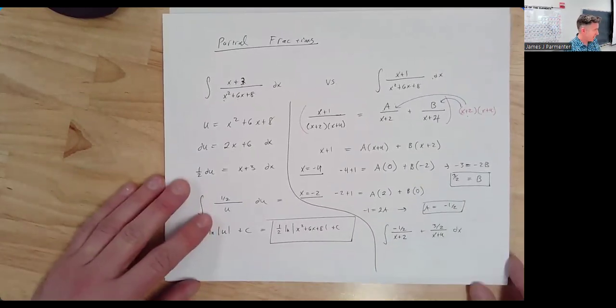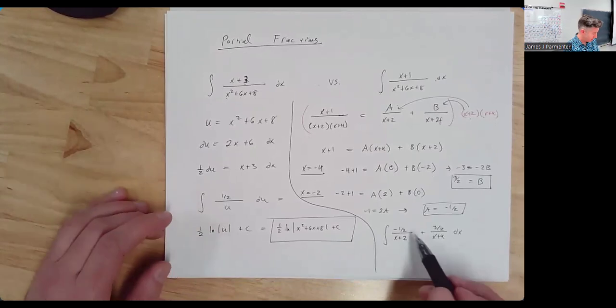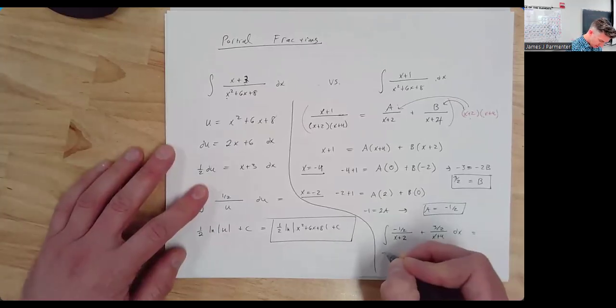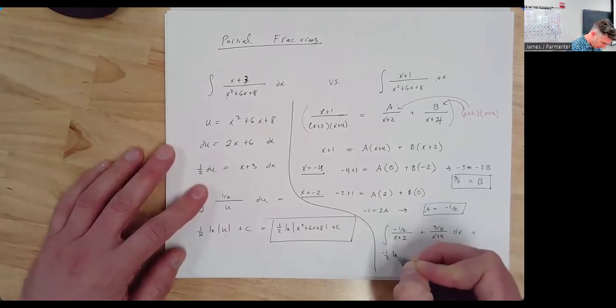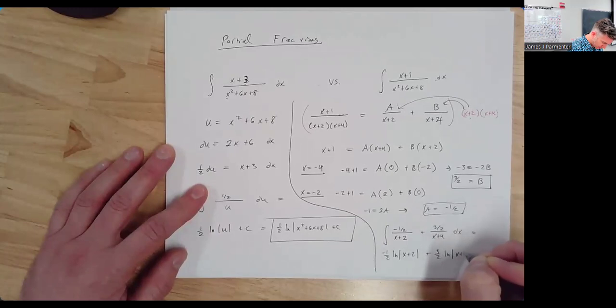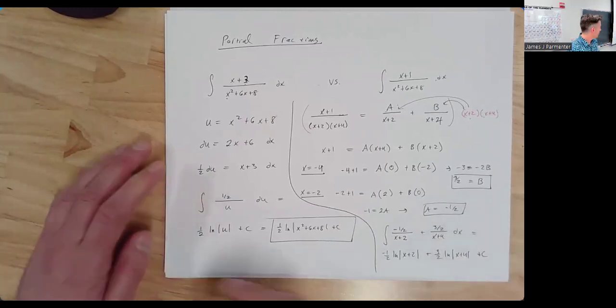I'm ignoring the -1/2 and the 3/2 really. I'm really just thinking I have a 1 over x plus 2. And the antiderivative of 1 over x plus 2 is the natural log of the absolute value of x plus 2. So what I'm going to get here is -1/2 times the natural log of the absolute value of x plus 2 plus 3/2 times the natural log of the absolute value of x plus 4 plus C.